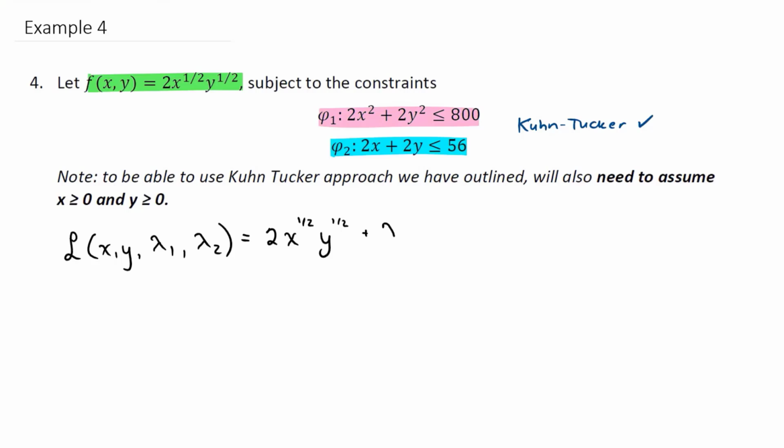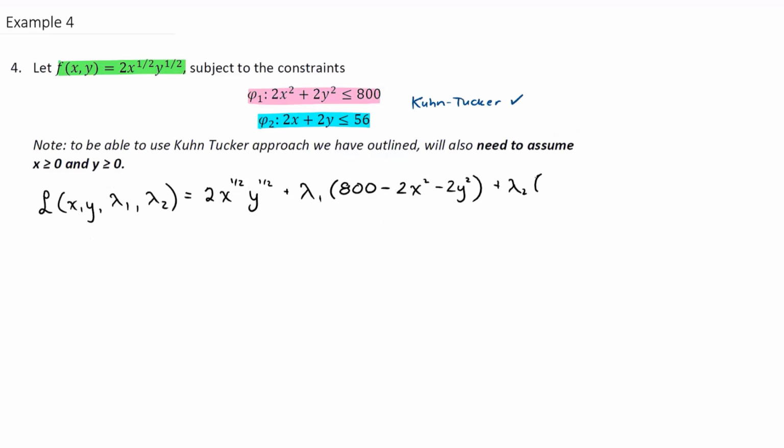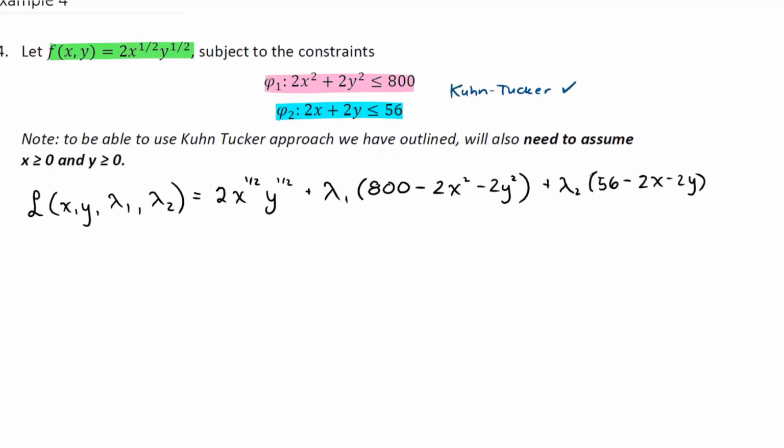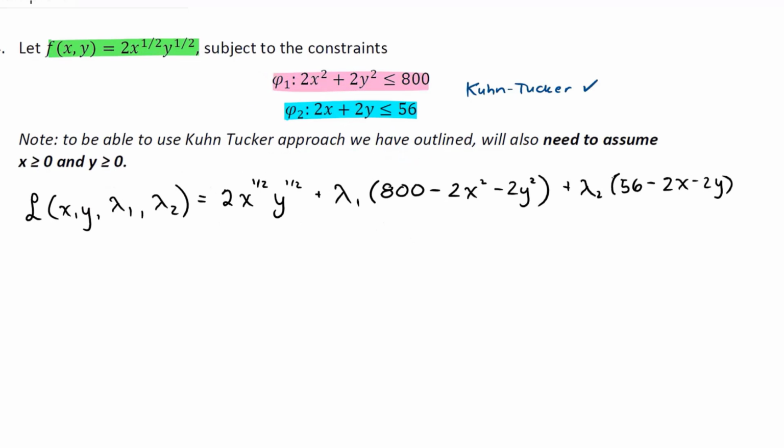Then I have my constraint 1 times the budget, 800, minus the constraining values 2x squared plus 2y squared, so minus 2x squared minus 2y squared. Plus lambda 2 times my budget, 56, minus my constraining values, 2x plus 2y, so minus 2x minus 2y. So there is my Lagrange formula.